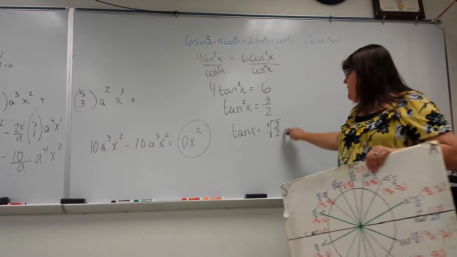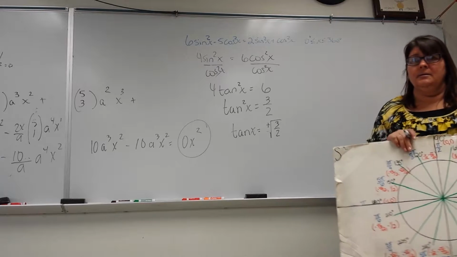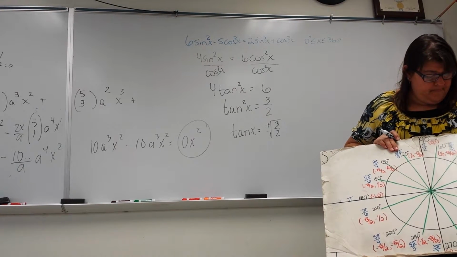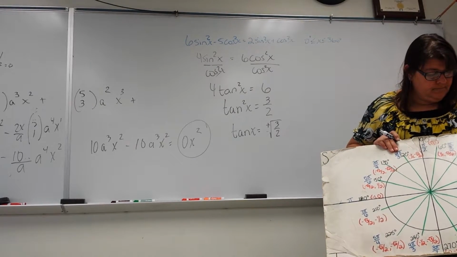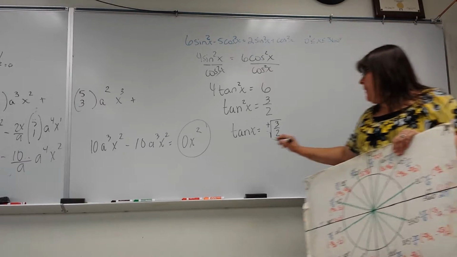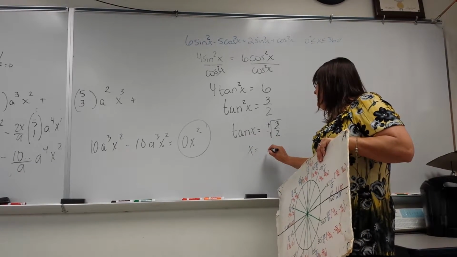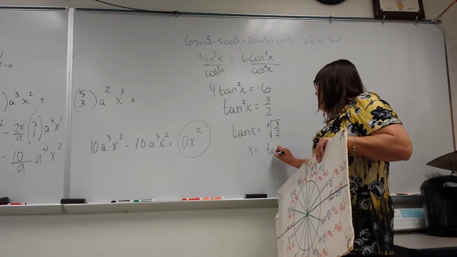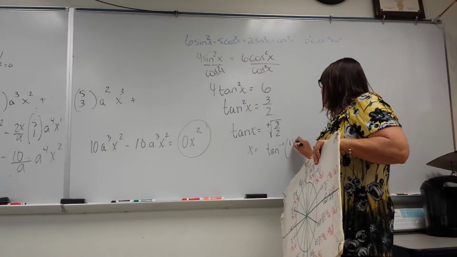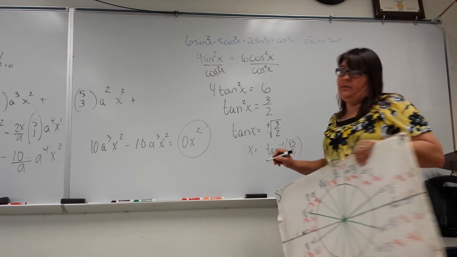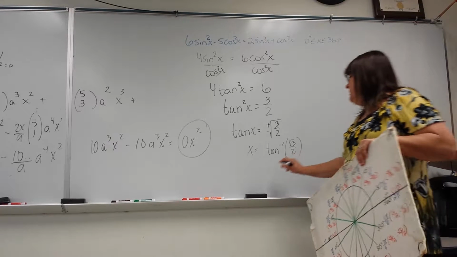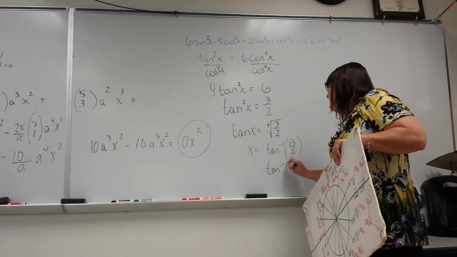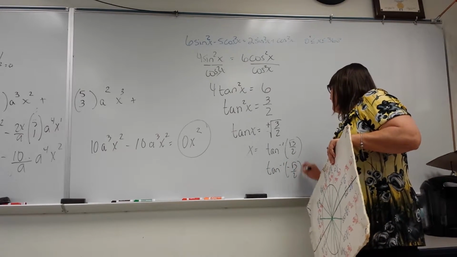So where does square root of 3 over 2 happen? You'd have to take the inverse tan. So you have x is equal to tan to the negative 1 of positive square root of 3 over 2. And tan to the negative 1 of negative square root of 3 over 2.